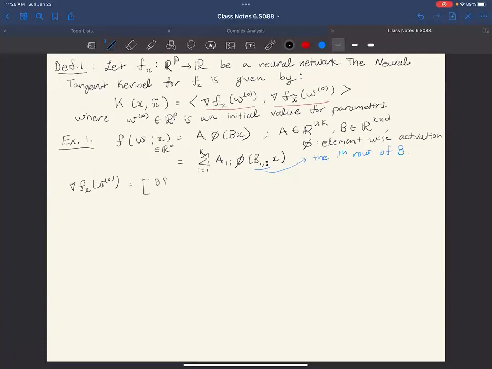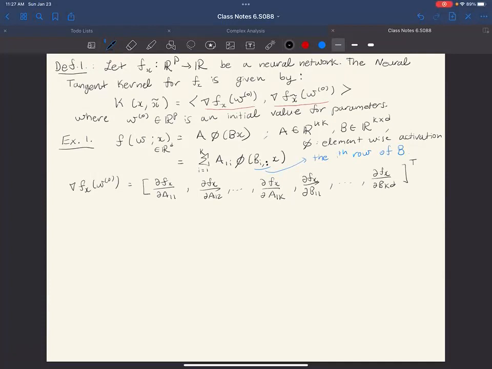So this is just going to be partial of f with respect to a11, partial f with respect to a12, all the way up to partial f of x with respect to a1k. And then we have to do the same thing for the b's. So partial f with respect to b11, all the way up to partial f with respect to bkd. And I'm putting this transpose here just to make sure that all my gradients are column vectors.